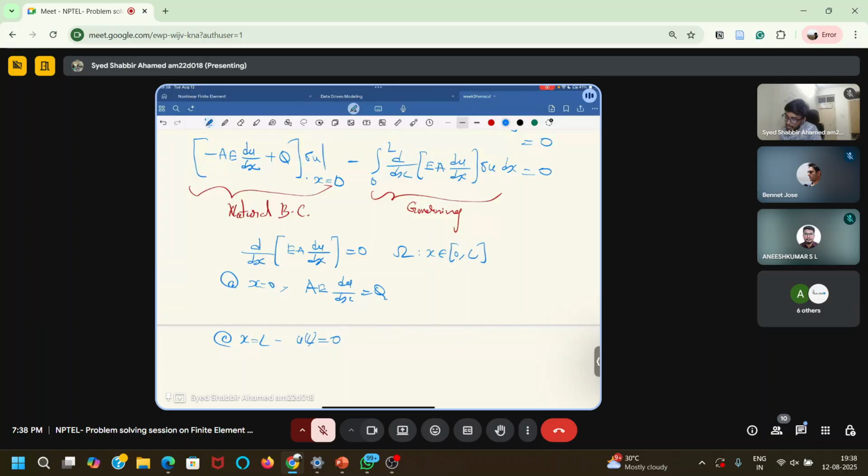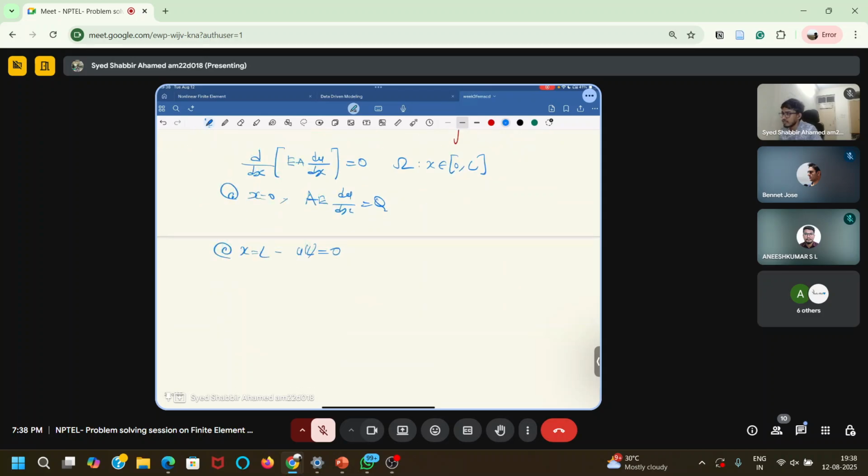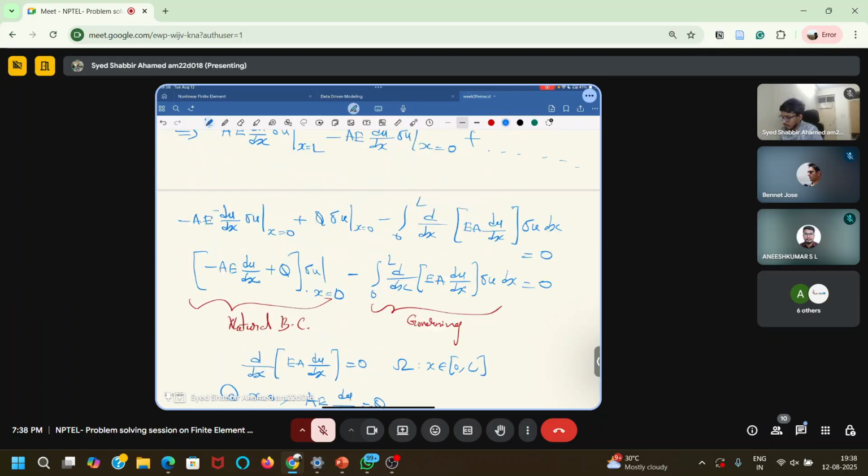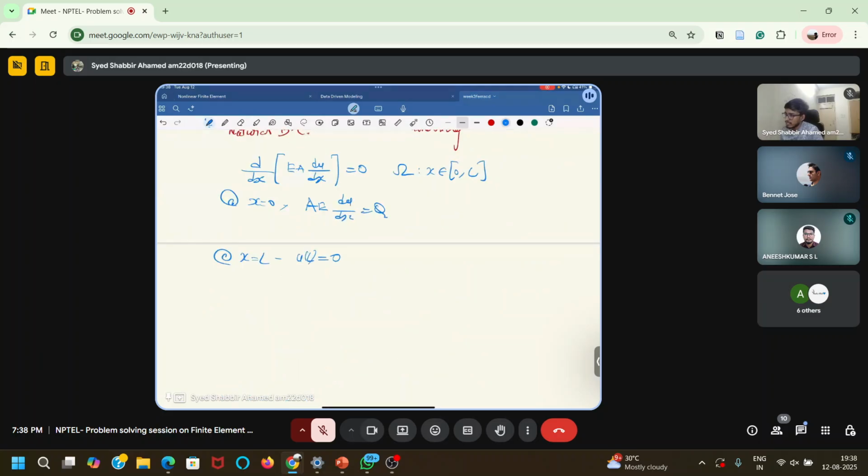So now you can see if you differentiate it by parts, by using whatever we have got, we can again integrate this by part. The strong form which we have got, we can write this as this.